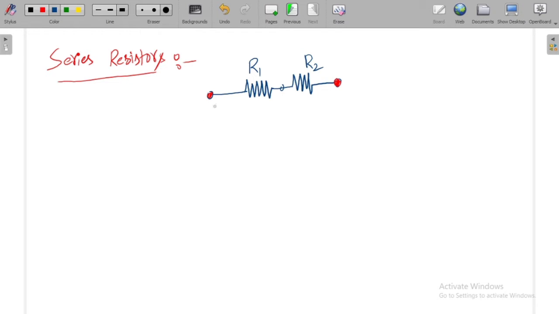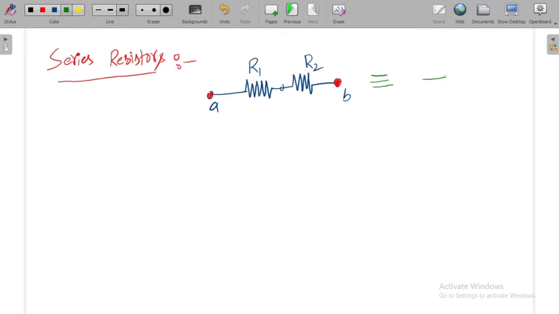This node is A, and this node is B. So in between the two terminals A and B, R1 and R2 are connected in series because the current flowing through R1 is the same as the current flowing through R2. The current is not getting diverted.